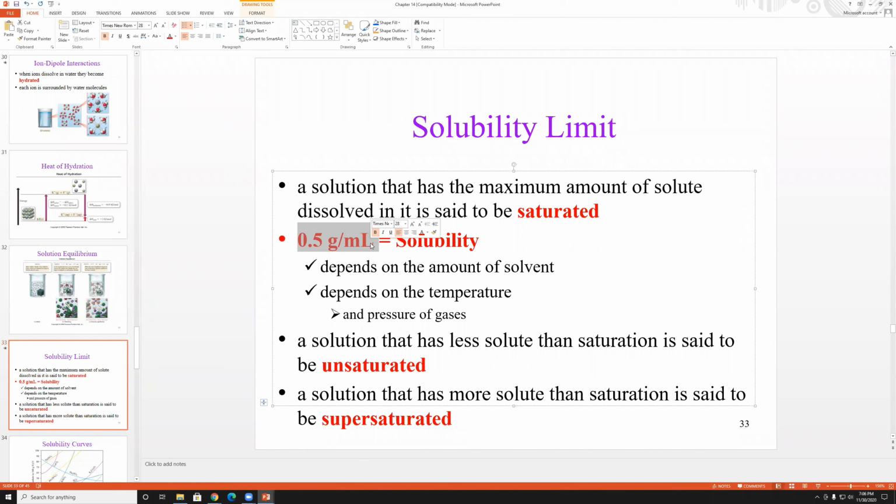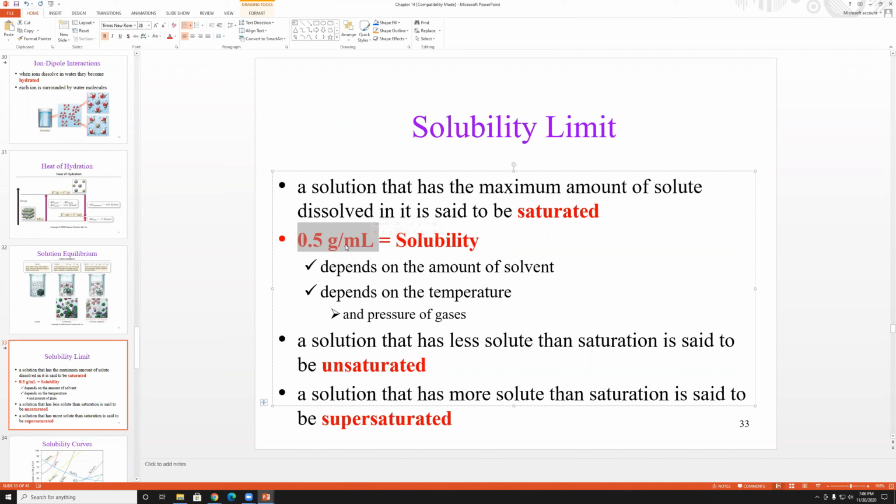An easy way to figure out solubility: you take 20 milliliters of water and put in 100 grams of salt. You mix it thoroughly, then put it through a filter. All the salt that is not dissolved will be in the filter, and there will be dissolved salt still in the water.